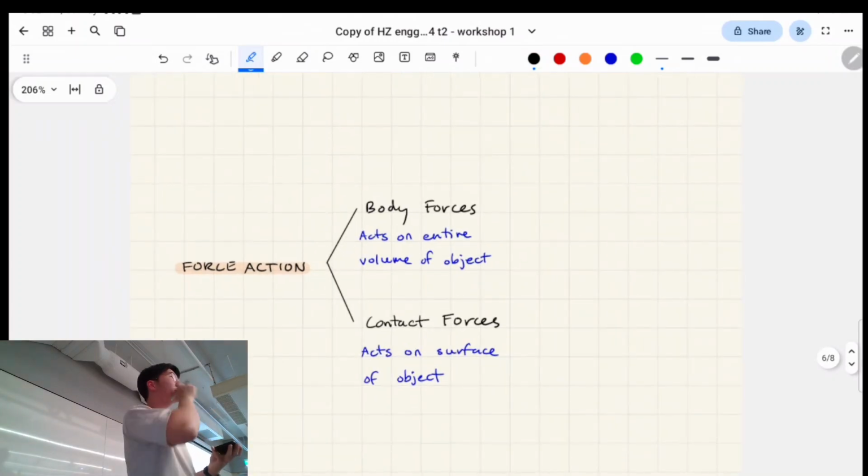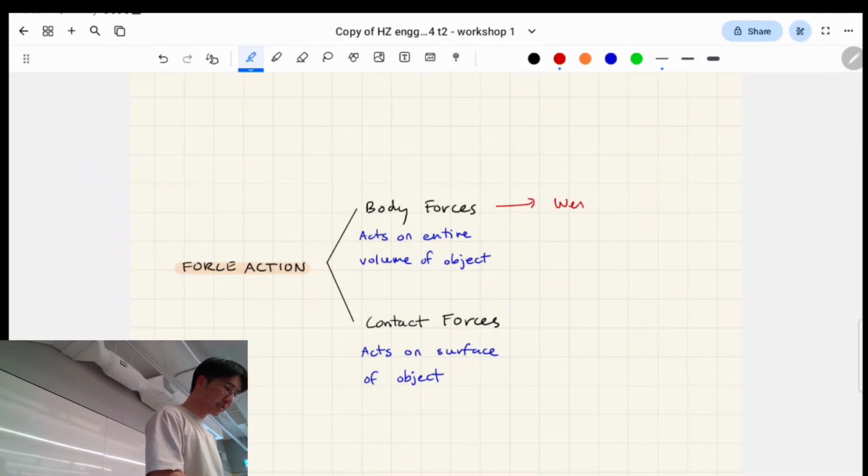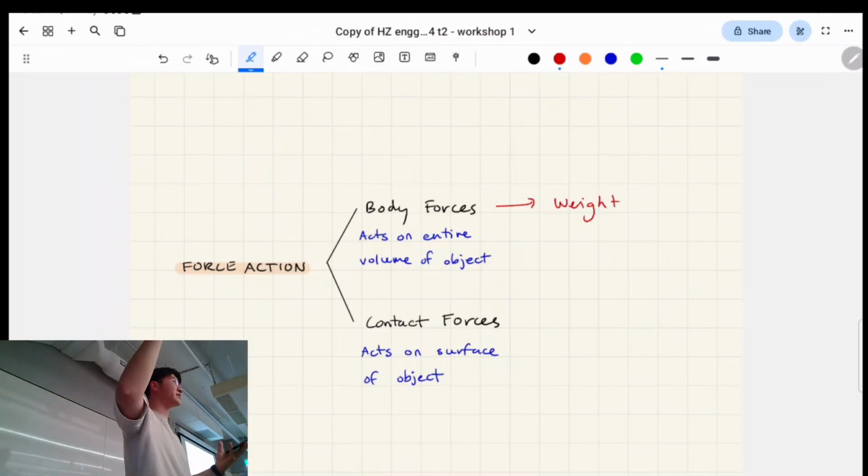Again, this is theoretical. This is another perspective you can look at forces from. We have body forces and contact forces, right? So body forces act on the entire volume of an object, and probably the one that's most relevant to this course that you'll see everywhere is weight. Basically, for every building you have to consider gravity, which permeates the whole universe, whatever.